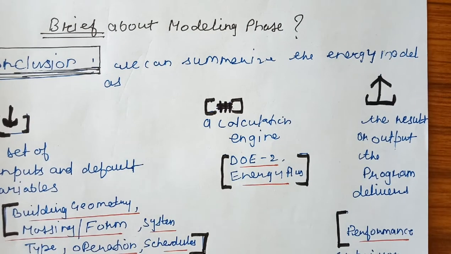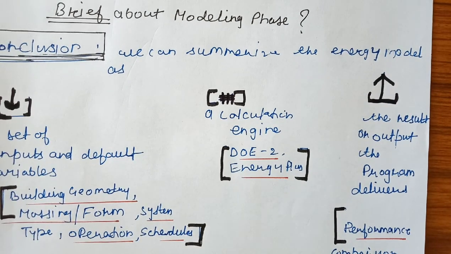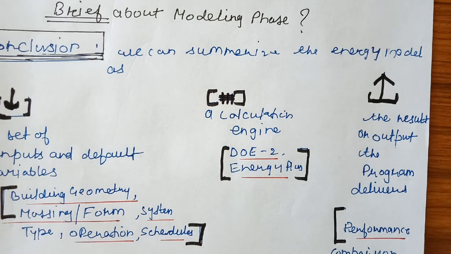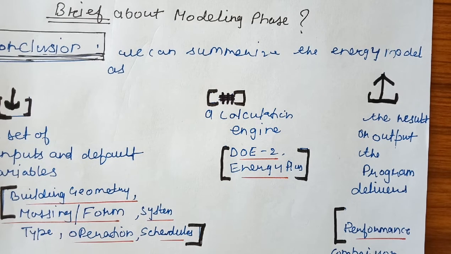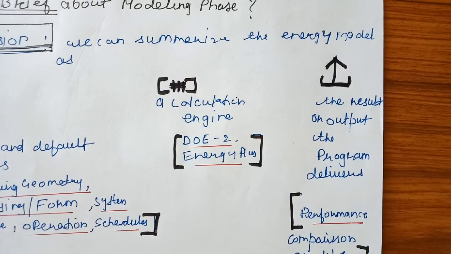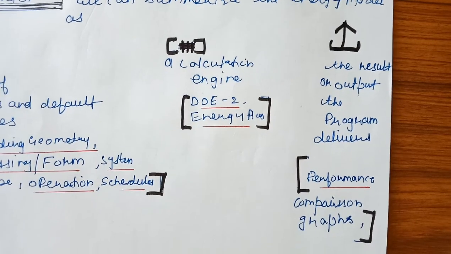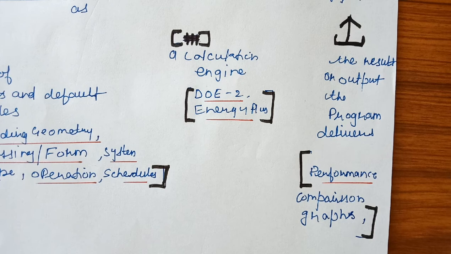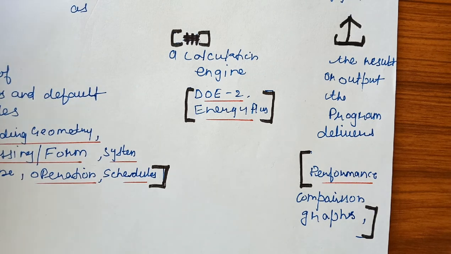Then the engine, like DOE or EnergyPlus, and the interface software and tools we are using calculate the data and provide information in the form of results: output programs deliver performance comparisons and graphs.